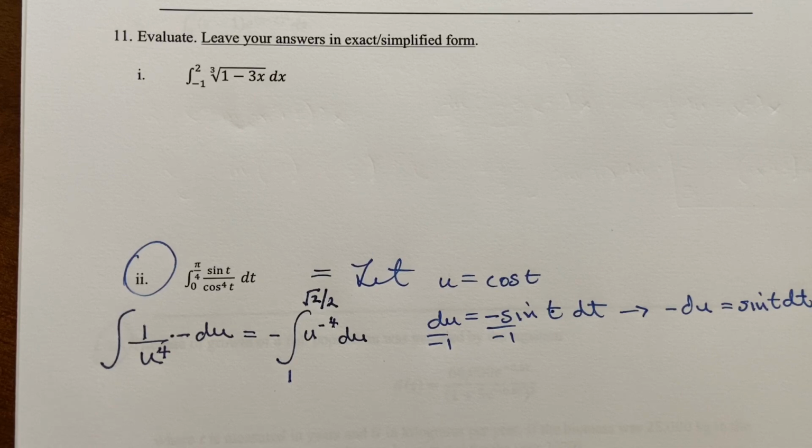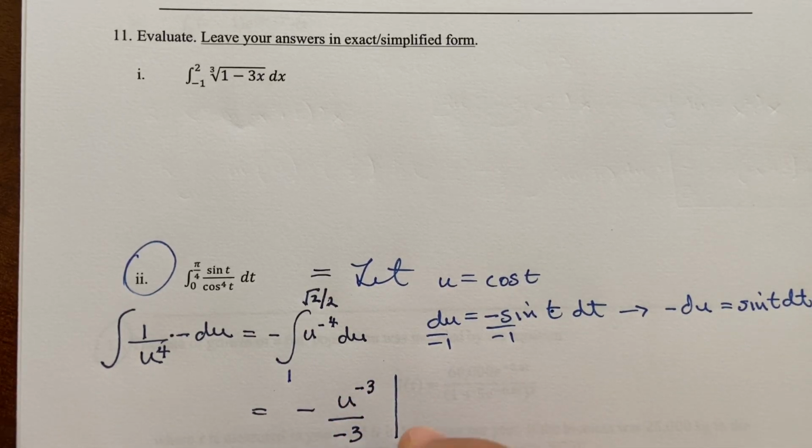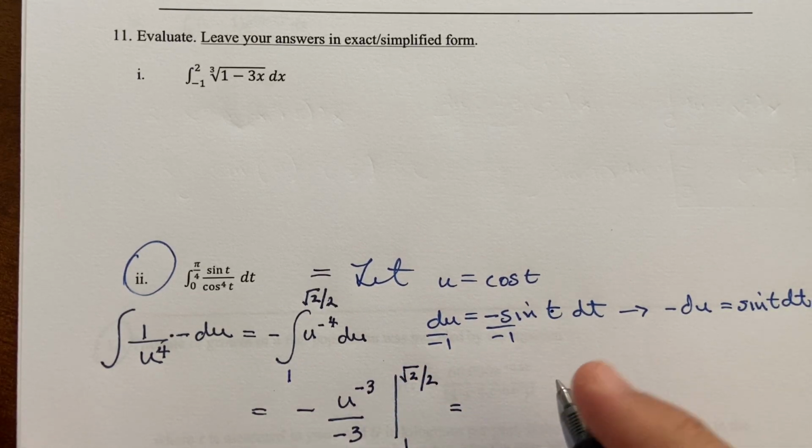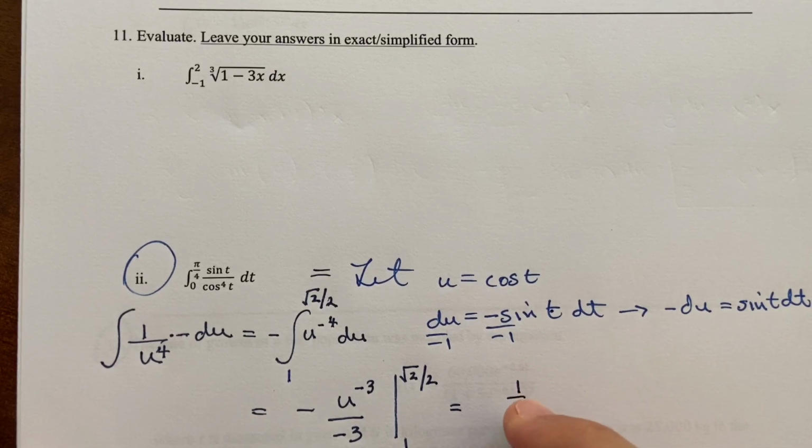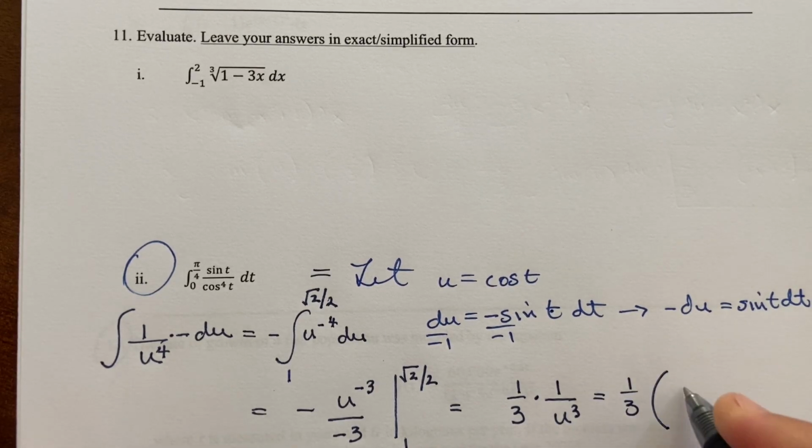And now we can go ahead and integrate. So I'll raise this power by 1 and divide by that new power. So this is u to the negative 3 divided by negative 3 from 1 to root 2 over 2. So this would be positive 1/3 times 1 over u cubed. So 1/3.